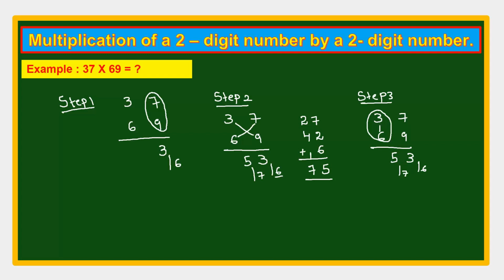So 6 3s are 18, 6 into 3 is 18, plus this 7. 7 plus 8 is 15, 5 and 1 here, 1 plus 1 is 2.